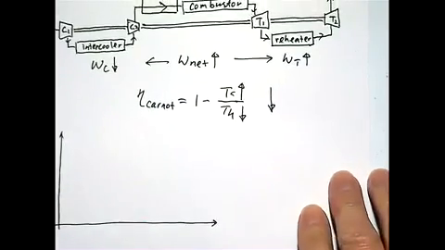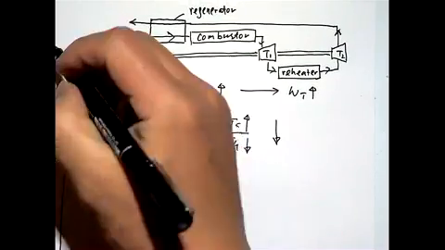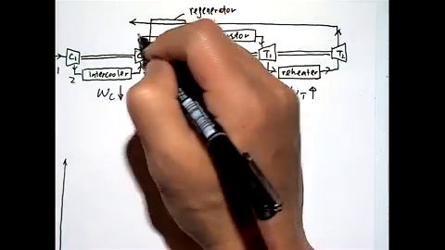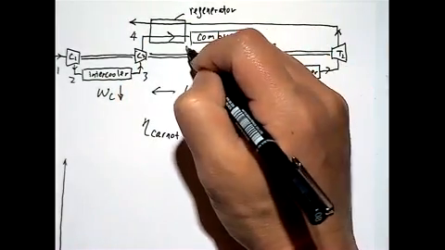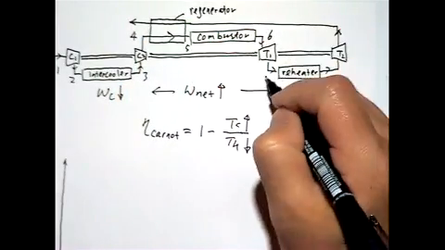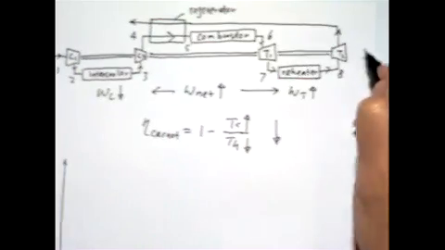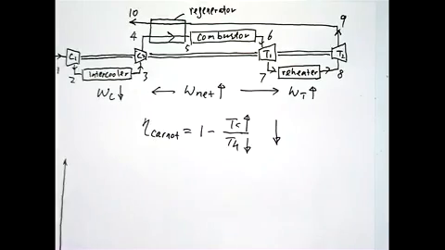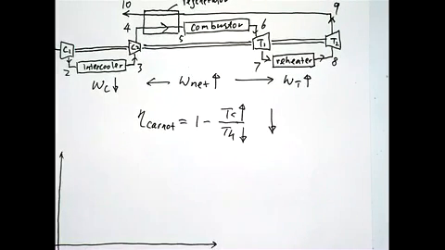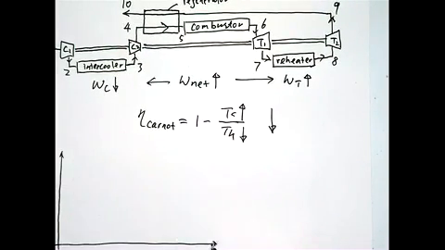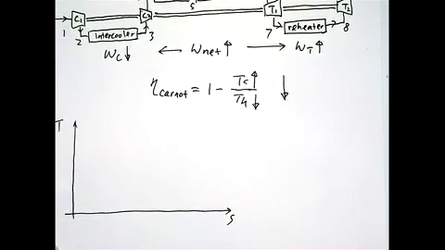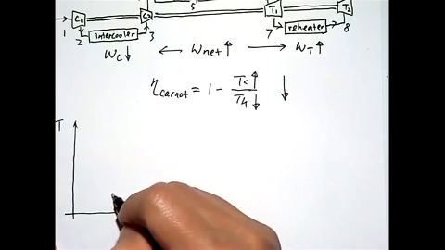First, I need to mark the states: 1, 2, 3, 4, 5, 6, 7, 8, 9, and 10. All right, 10 states. Our TS diagram: the first is the initial state.